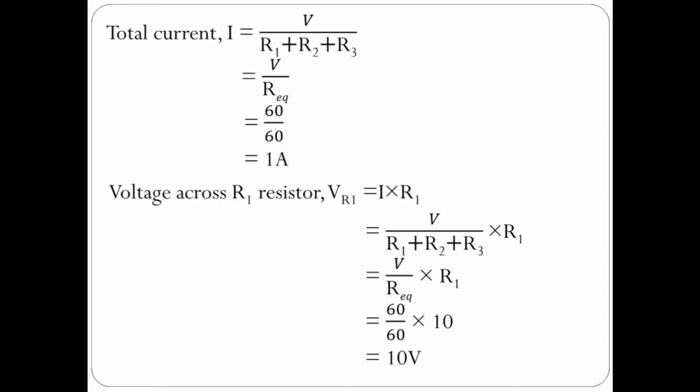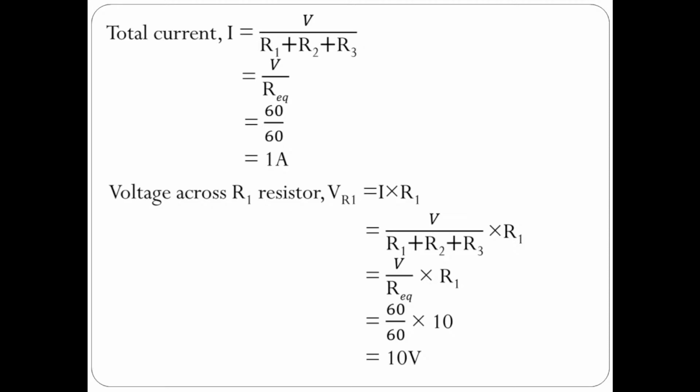Current is same, because all the elements are connected in series. Current across R1, R2 and R3 are same.